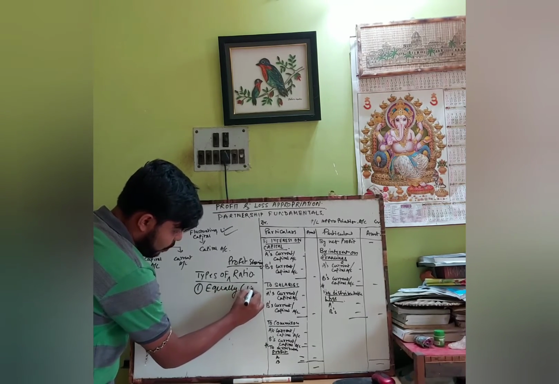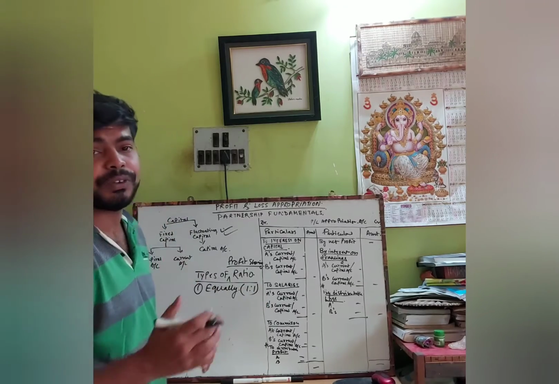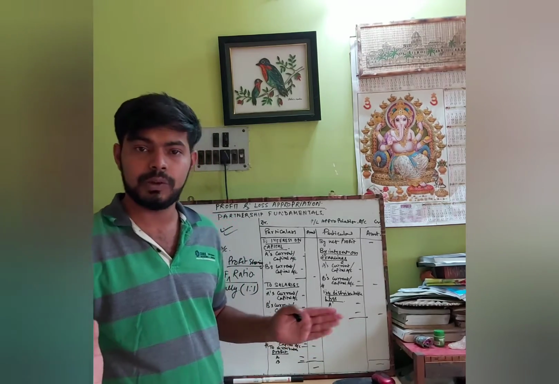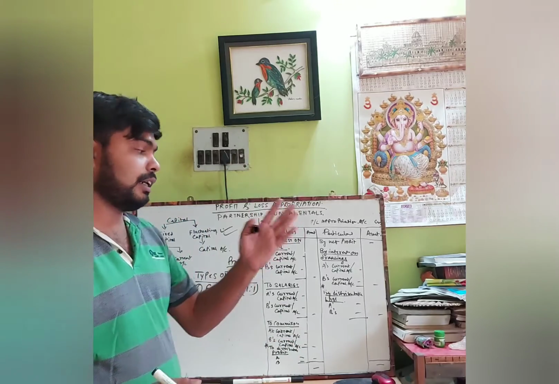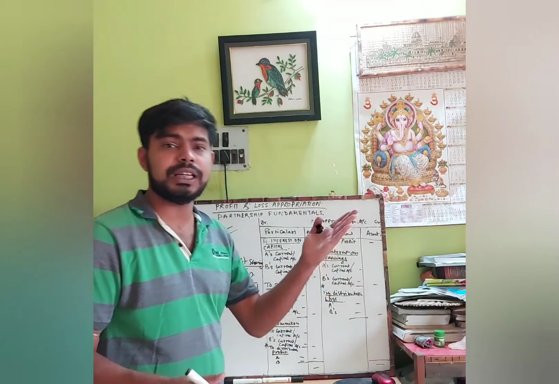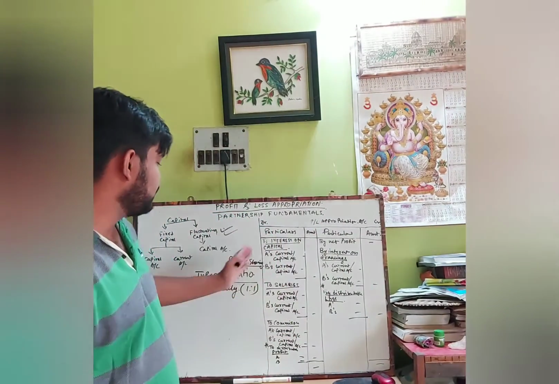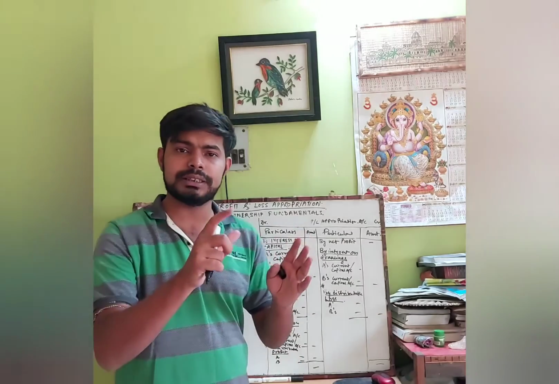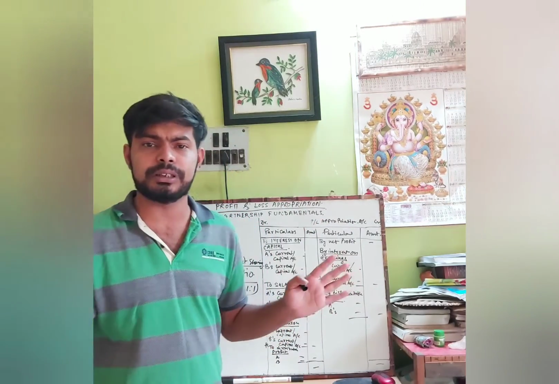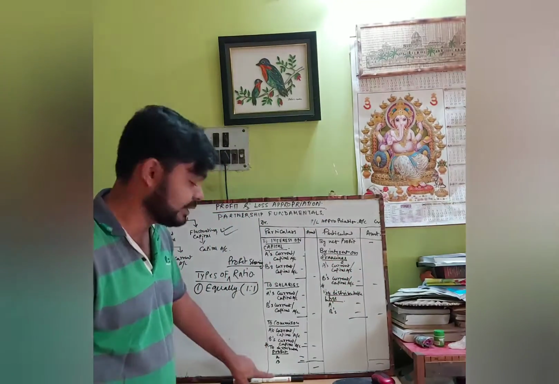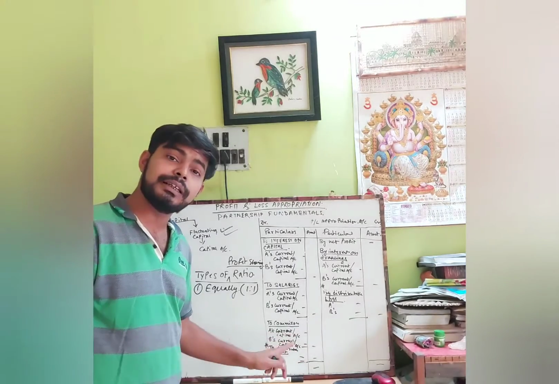This equally is 1:1. Whatever the profit is, it will be distributed 50-50. If 100 rupees is the profit, one will take 50, another will take 50. If 60 rupees is the profit, one will take 30, another will take 30. If there are 3 people and the amount is 60, each takes 20. Equally means the distributable profit will be distributed equally.